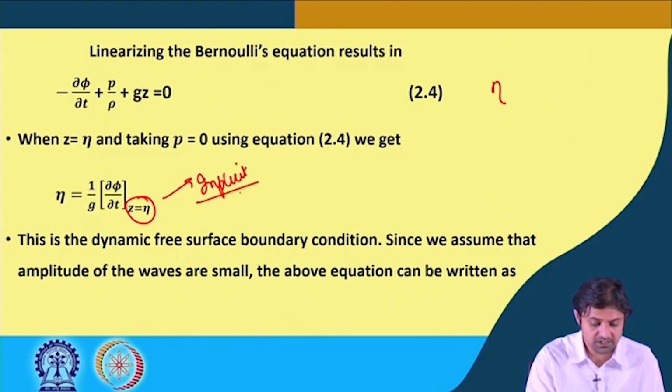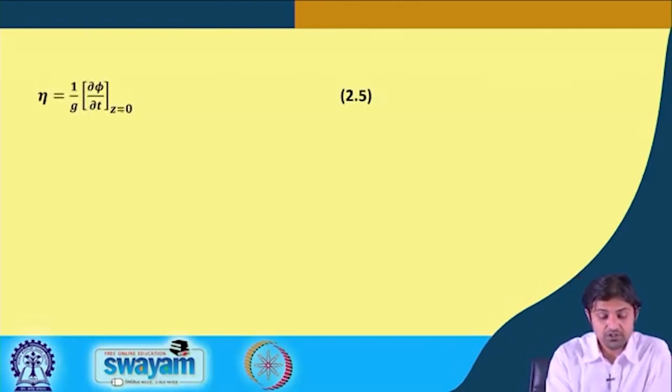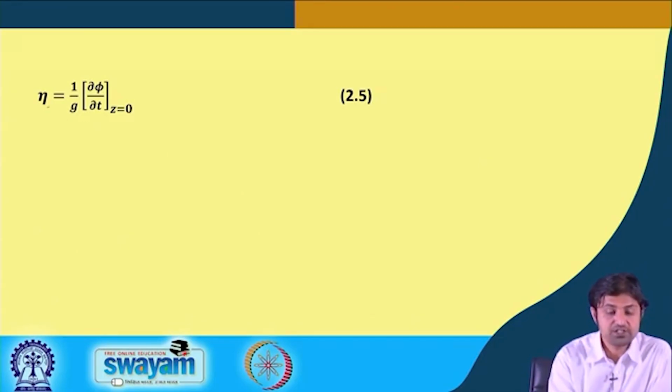So, with this assumption that the waves are small, instead of z is equal to eta, we write z is equal to 0, because eta is very small. Now, you see this is an explicit equation of eta, where if we know the velocity potential, we will be able to find eta.